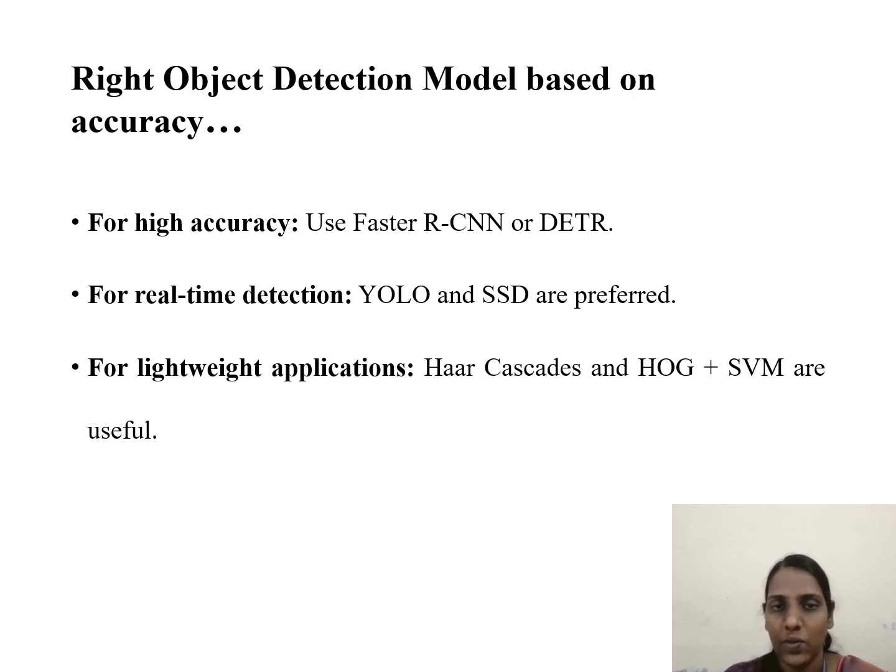Based on these three, which model is best for object detection? For high accuracy, we can use Faster R-CNN or better. For real-time detection, we use YOLO and SSD. For lightweight applications, classical algorithms like Haar cascades, histogram of oriented gradients, and support vector machines are useful.